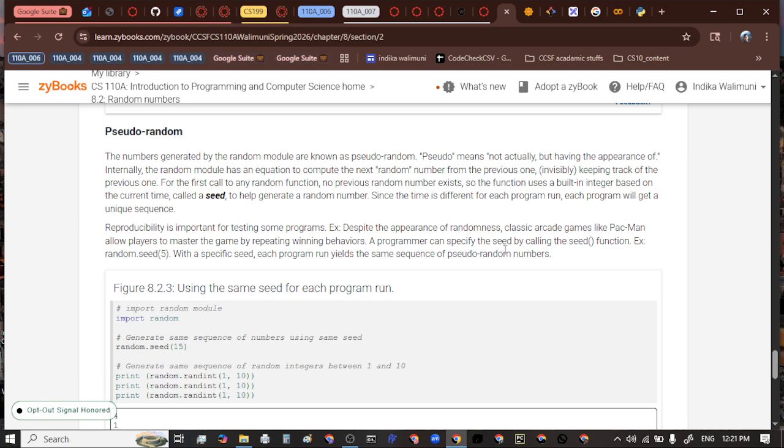So, I have a question. How come a computer gives us a random number? Because it's a deterministic machine, right? What the computer does is what we tell it to do. If we think of a number in our brain, that number is random, almost, I would say.